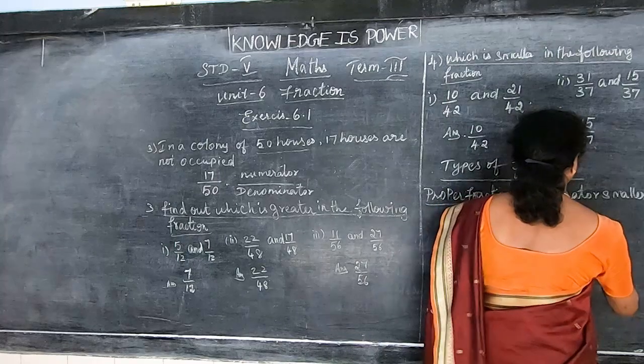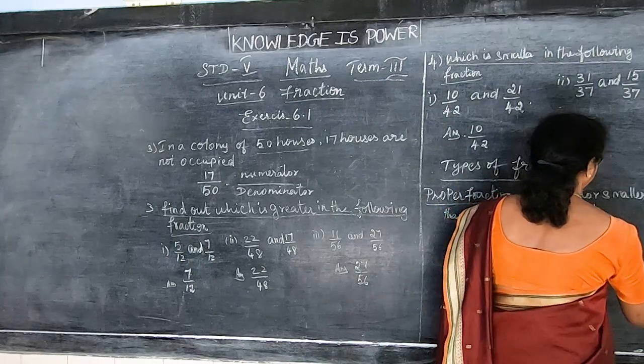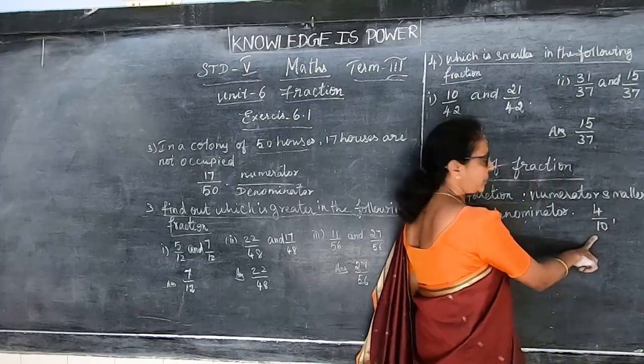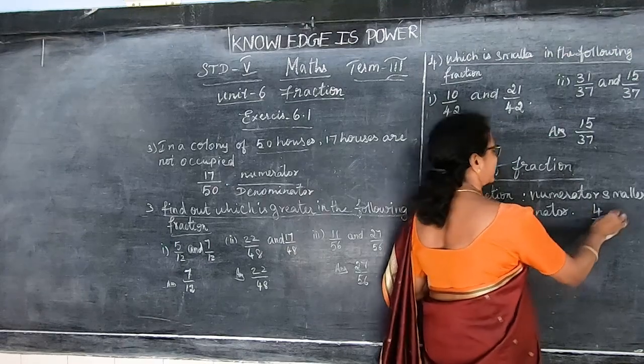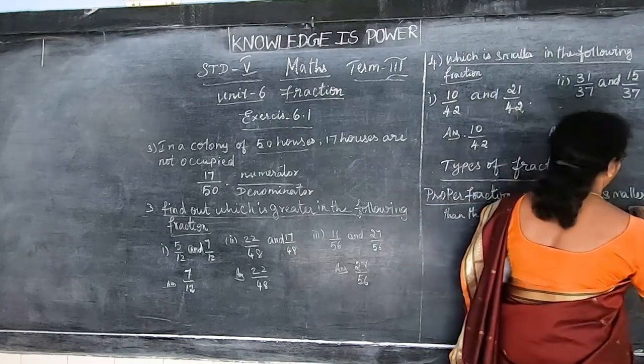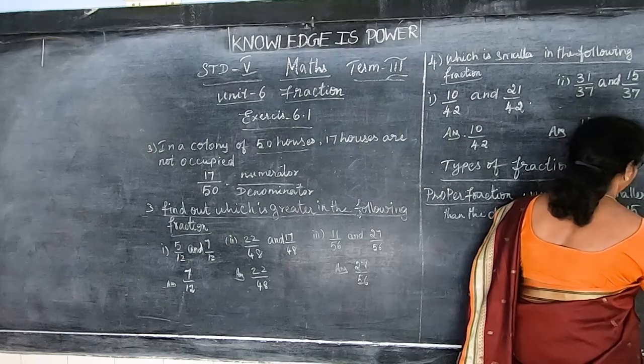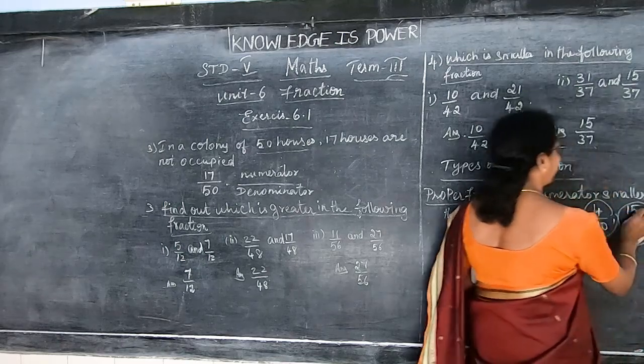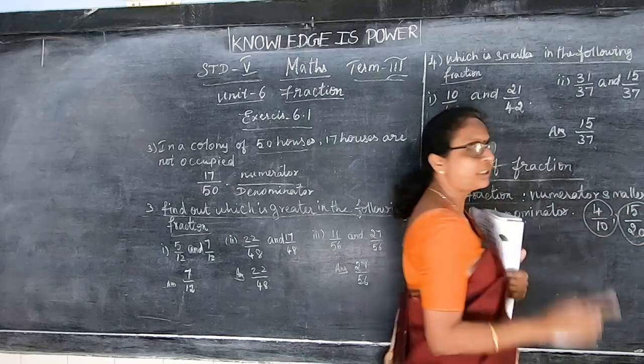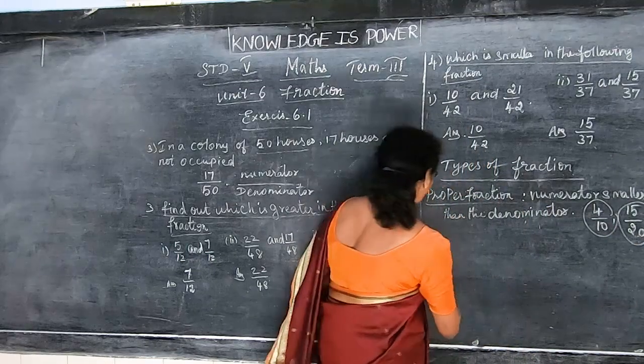For example, 4 by 10. Look, numerator 4, denominator 10. So this is big and this is small. So this is called a proper fraction. Similarly 15 by 20. If the numerator is smaller than the denominator, it is a proper fraction.